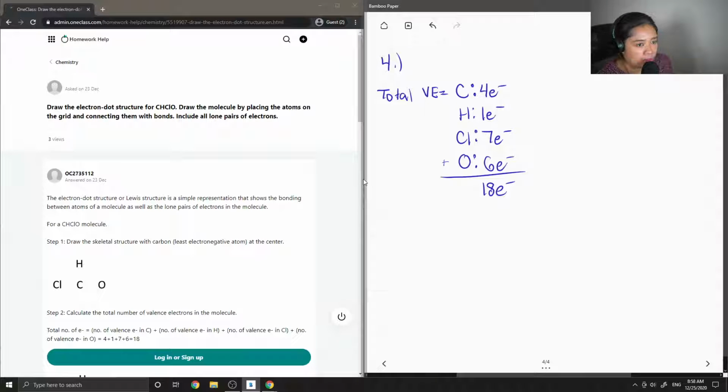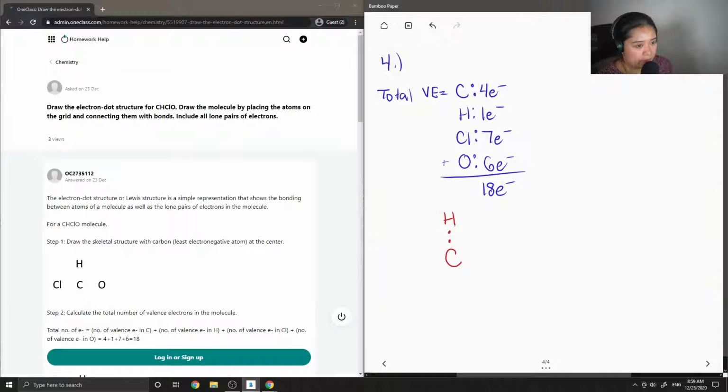Okay, so first, we want to write down our central atom, which in this case is carbon. And then the question also wanted us to place the atoms in the grid and then connect them with the bonds. So I'm going to show what all the bonds would look like and how all the electrons are placed around it.